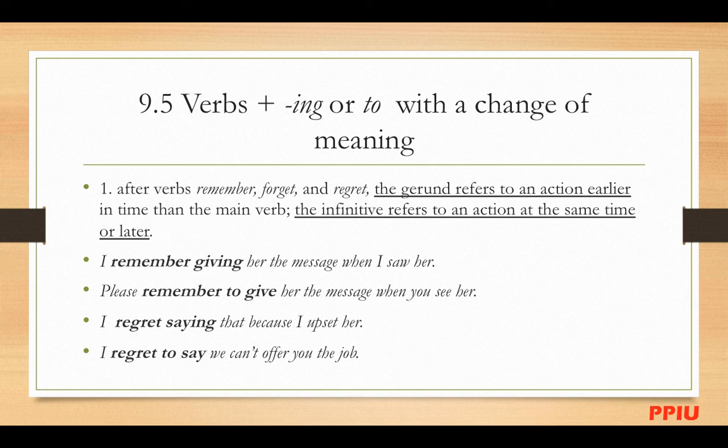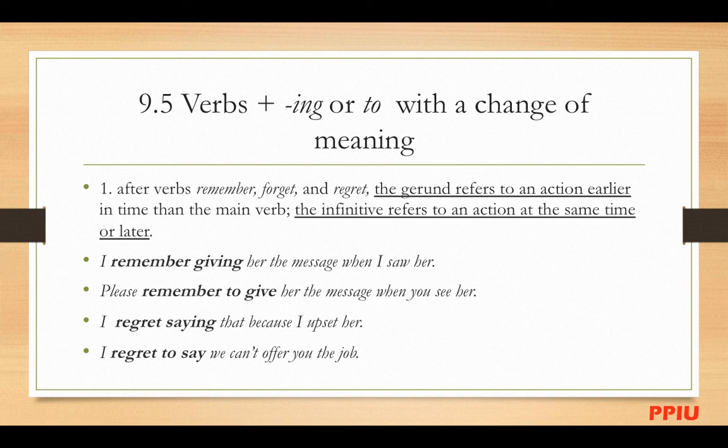And please remember to give her the message when you see her. In this sentence, I remind you to remember. So here you remember to perform the task. That's why, at this point, the gerund refers to an earlier action, meaning you finished this action already.